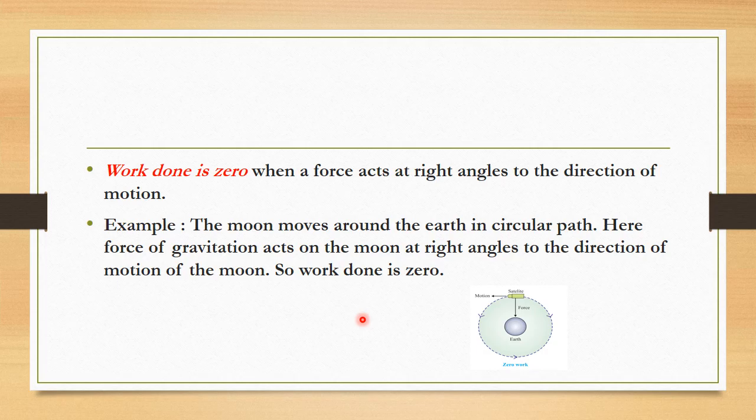And in the case I told you, if it is parallel, W is equal to F s cos 0. Cos 0 is 1. So in the case of parallel you will get the maximum value, and in the case of perpendicular the minimum value, or it is 0, if the force acts at right angles. Keep in mind this point also.